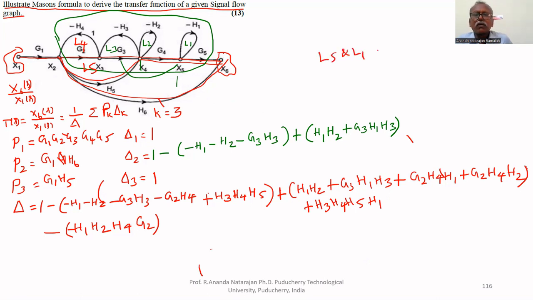L4 and L1, L2 and L1 not touching each other. L3 and L1, L4 and L2 are not touching each other.